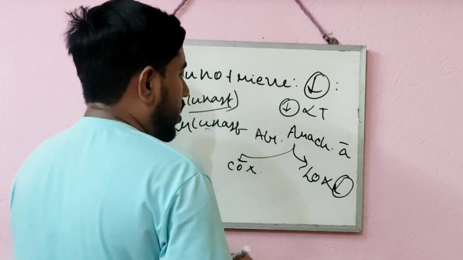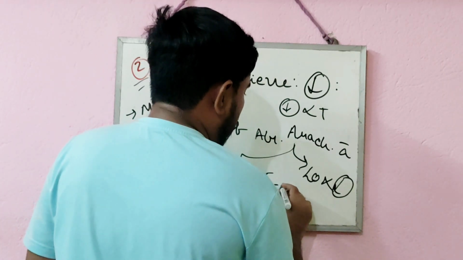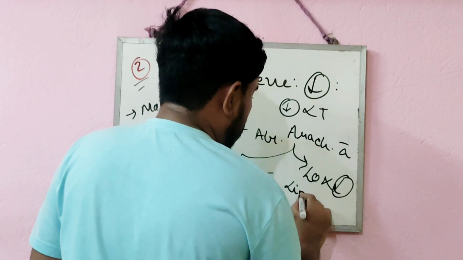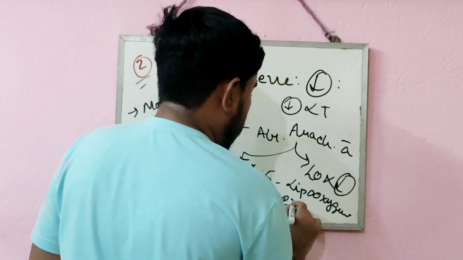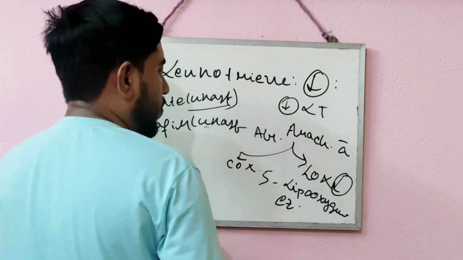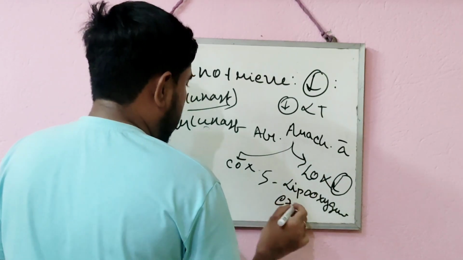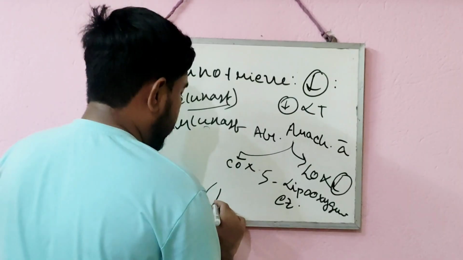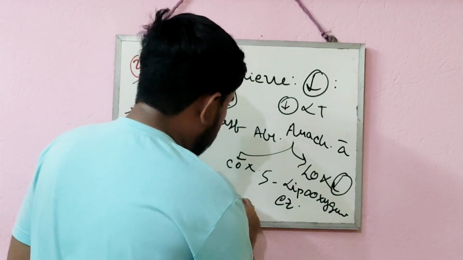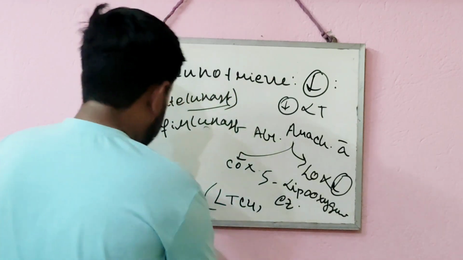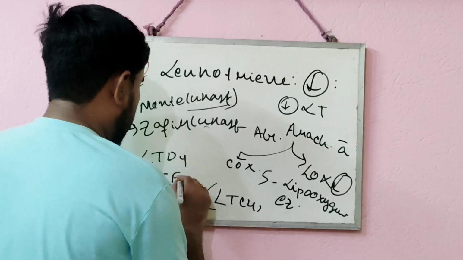Arachidonic acid is generally converted into the leukotrienes by the action of the 5-lipoxygenase enzyme, and in that also different types are there: LTC4, LTD4 and LTE4.